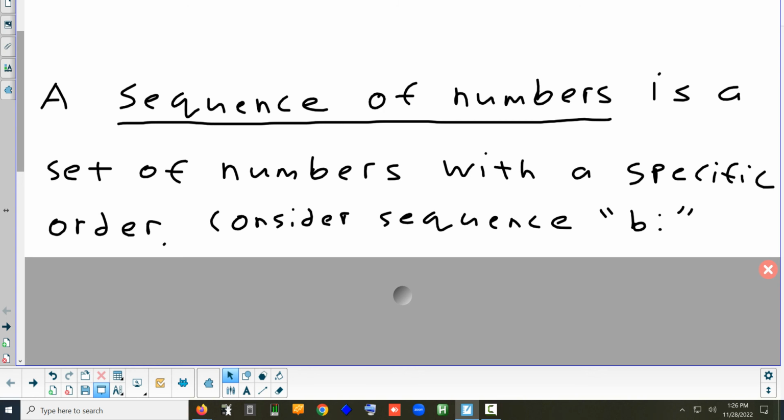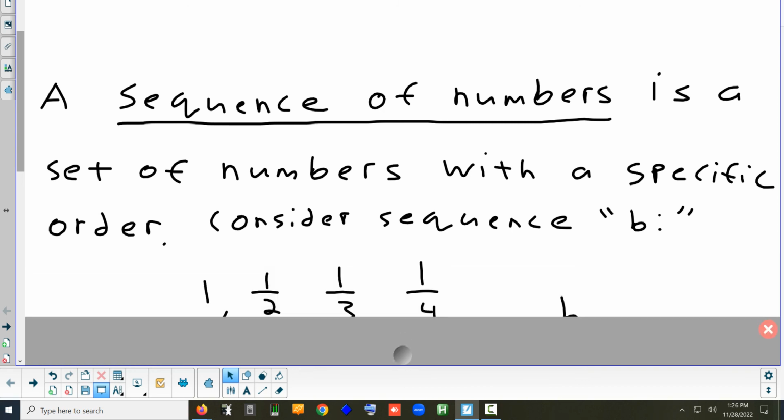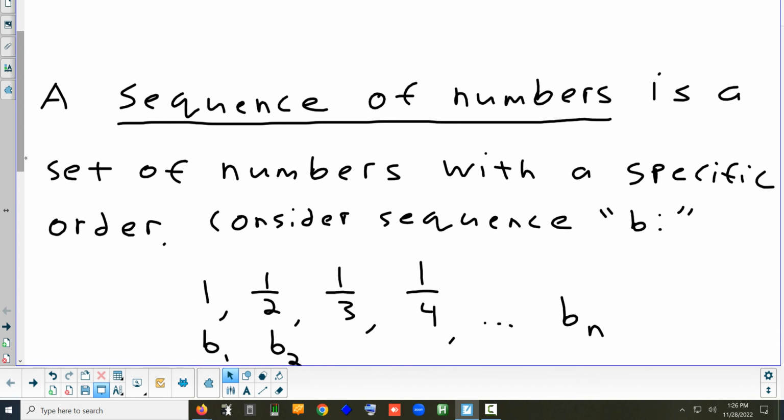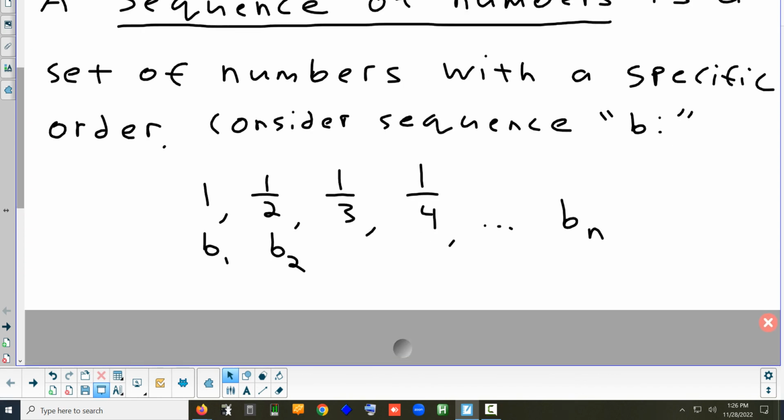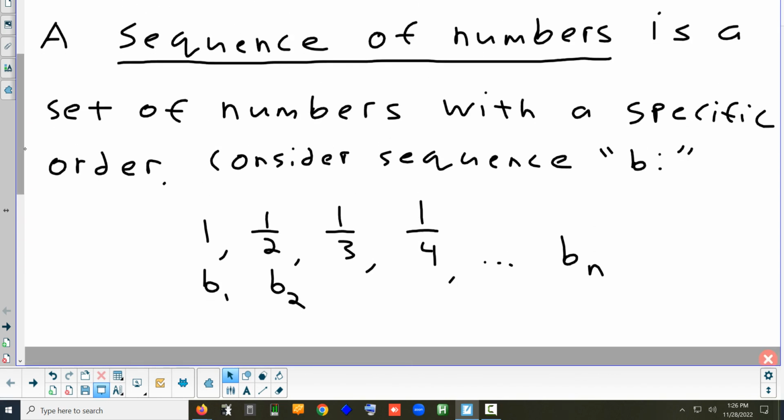Usually the way that we name a sequence is with a lowercase letter. And here's an example of a sequence. If the name of this sequence was B, then we would call the first term B sub 1.